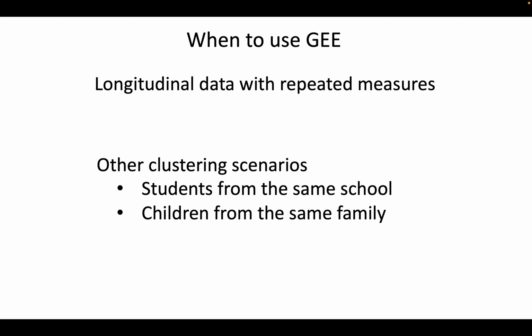And if there's any genetic or parental influence, then children from the same family are likely to be clustered. GEE is a way of taking care of that, because one of the assumptions of pretty much any other modeling process is independence of the data, meaning one individual's outcome or exposure status isn't related to another's. And this is a situation where they are related.